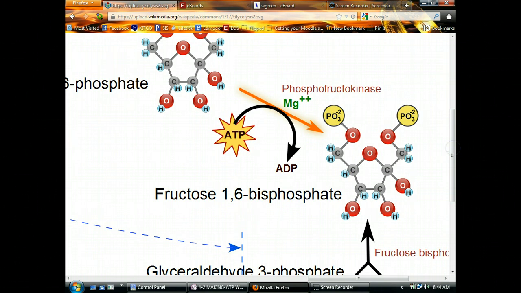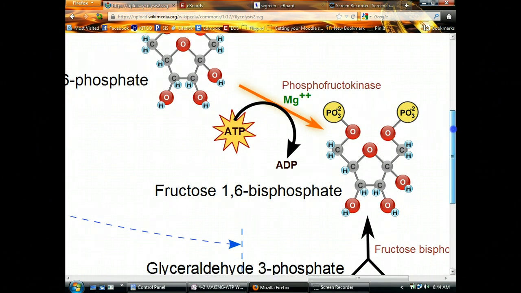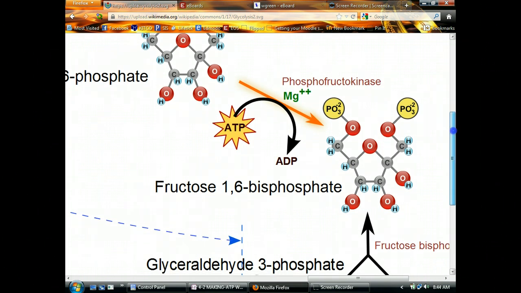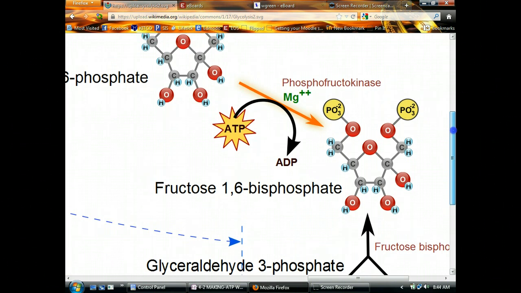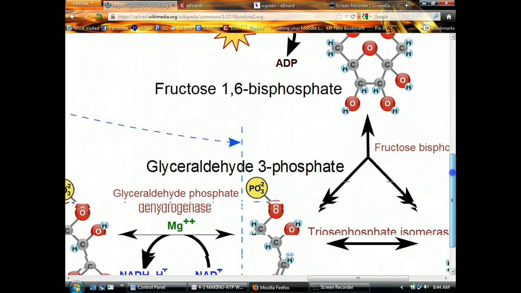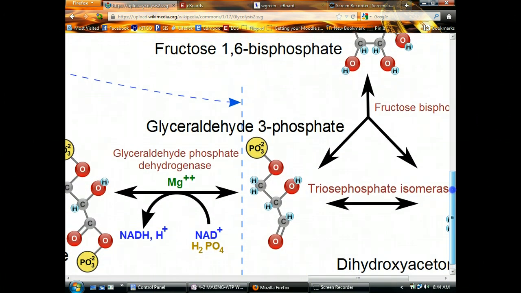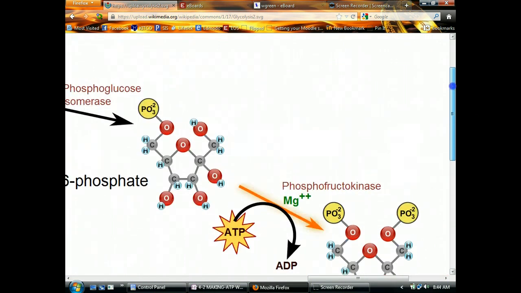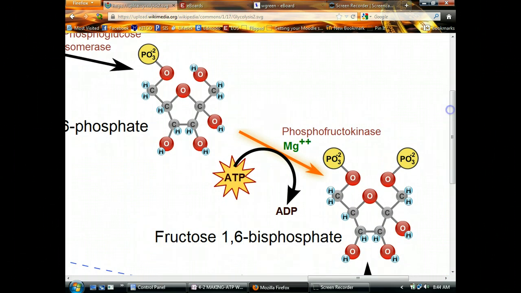Don't worry about those names. Okay? You don't have to know all these names. Phosphofructokinase. That is an enzyme. Now, the next step, folks. Hey, by the way, at this point in the process, oh, see, I was wrong about that.